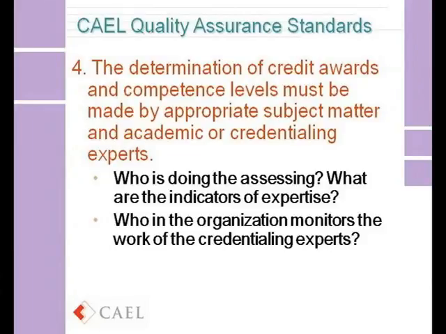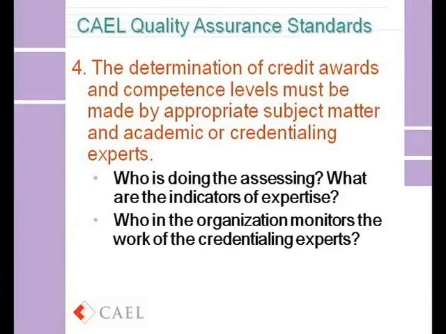Standard 4. The determination of credit awards and competence levels must be made by appropriate subject matter and academic or credentialing experts. There are two kinds of expertise that should be involved in determining credit-worthy learning. The first, content expertise.